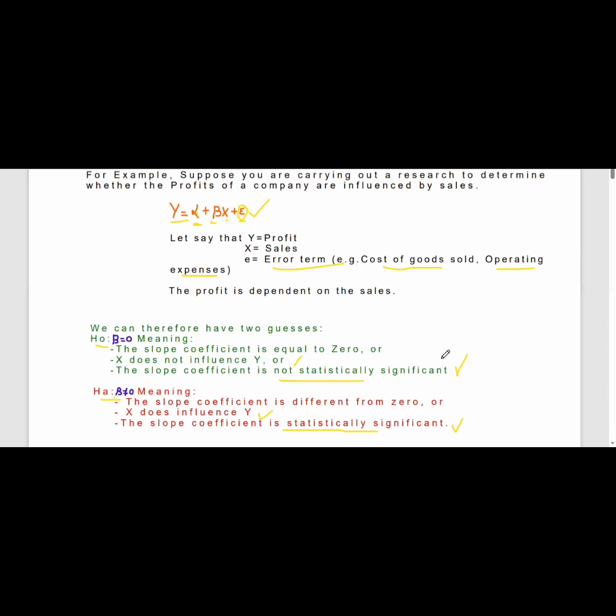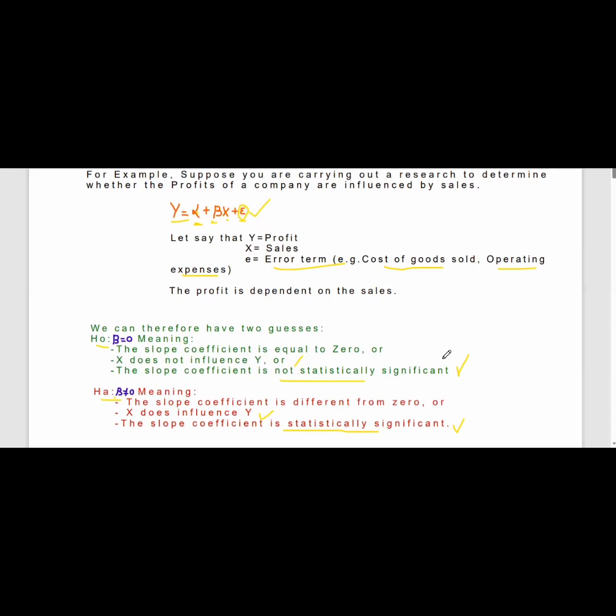These approaches are used to test the hypothesis and determine whether the slope is statistically significant or not.